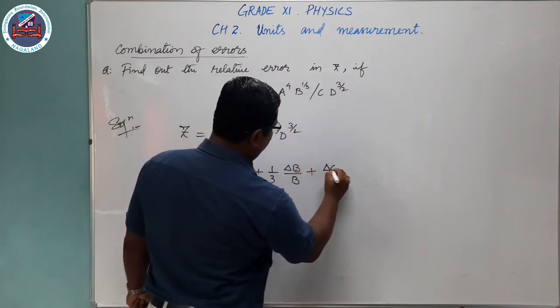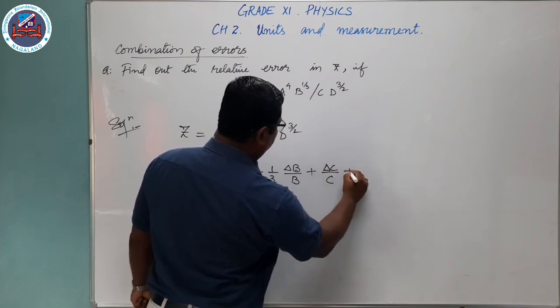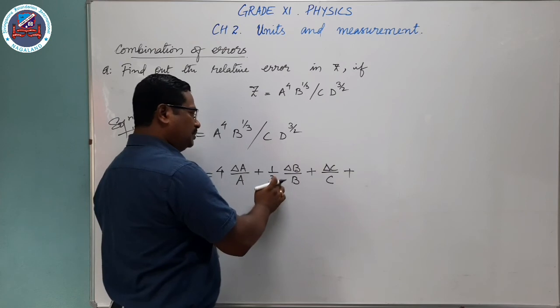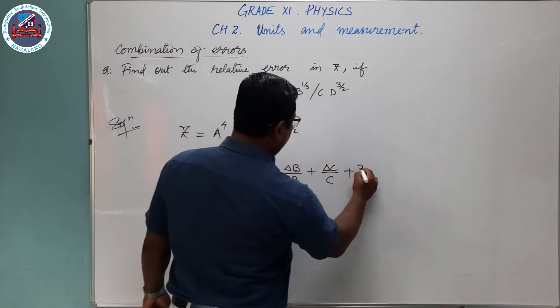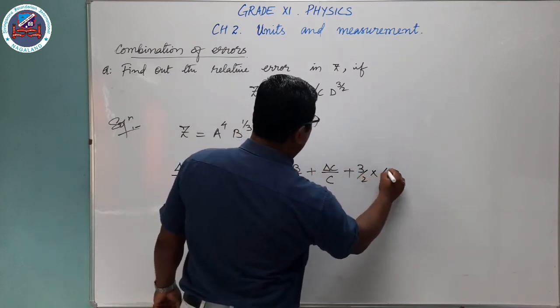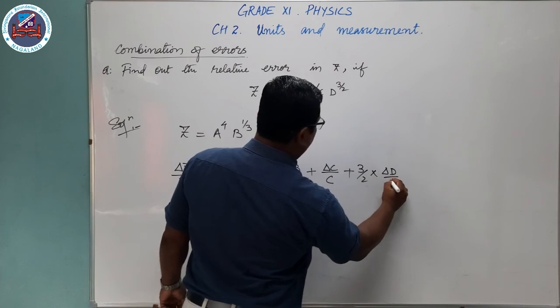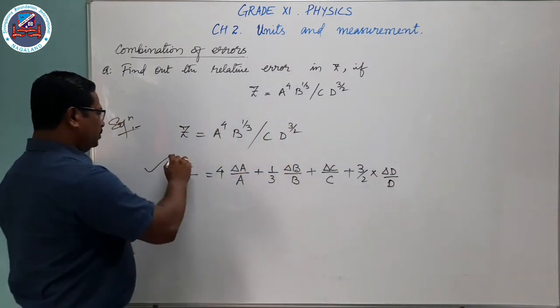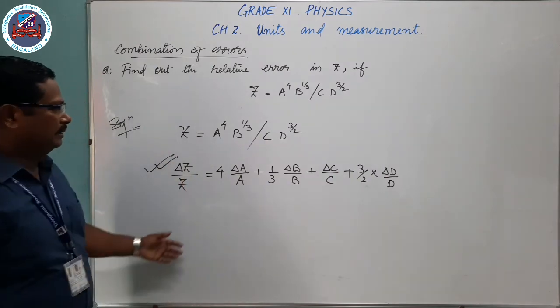Again plus, multiply also plus, division also plus, only you write power 3 by 2 into delta d by d, the relative error in d. So this will give you the overall relative error in z.